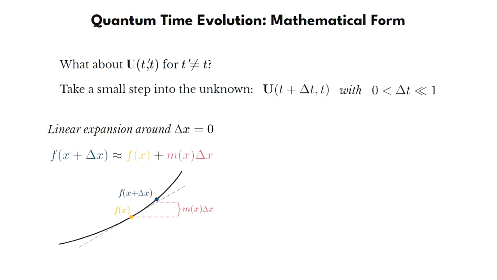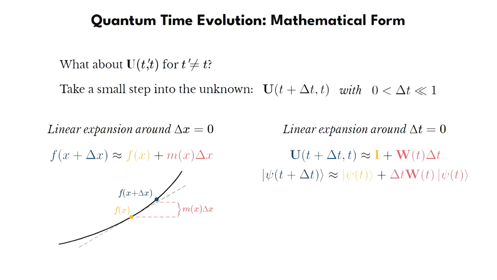One useful tool we can apply here is linear expansion, which basically says that if delta x is small enough, we expand around x equals 0 and can write this in a linear form in x. In a very similar fashion, we apply this to delta t, and in turn we can write down the unitary matrix in the form of the identity plus something.